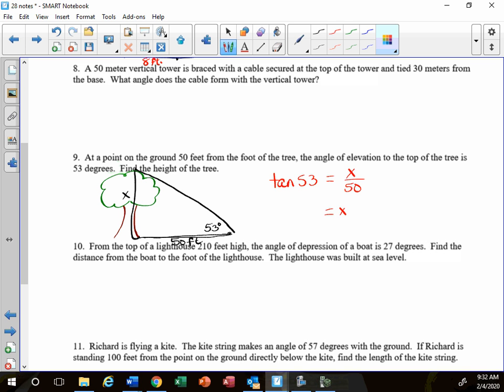Multiply by 50, right? And sides, I believe the direction said round to the nearest tenth. So what are you going to tell me? Yep, 66.4. And do you think you need to put feet on this? Yes, you do. Don't make me be mean about labels, okay?